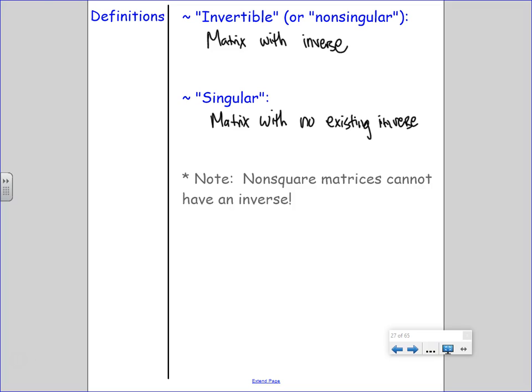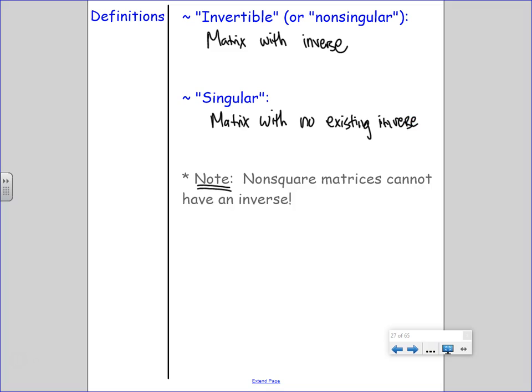So invertible, the matrix does have an inverse that can be found. Singular, the matrix does not have an existing inverse. Hence, going back up, if it's not singular, it must be invertible. So that's why there's this extra term, non-singular. Singular does not have an inverse, non-singular must have an inverse. And this was the note that I was talking about earlier.